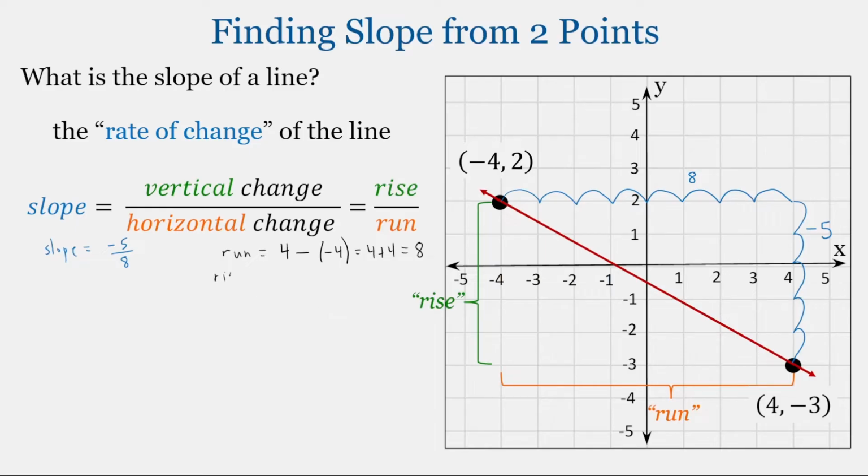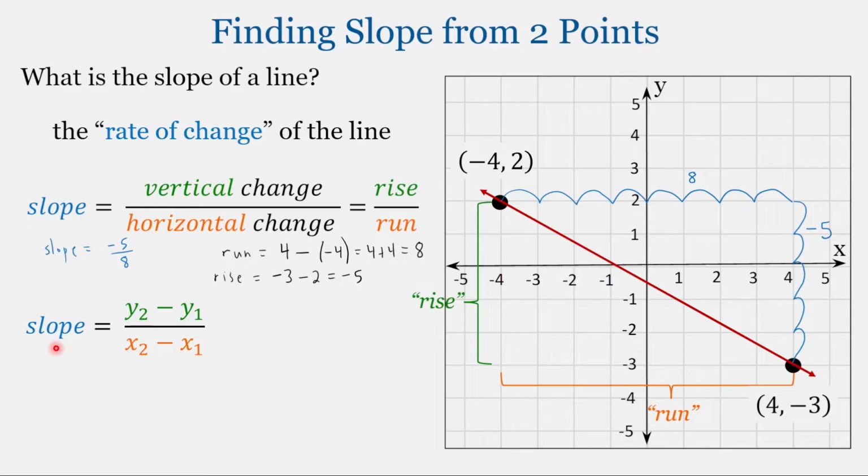And then with our rise value, we're going to find the difference between the two y values. Our two y values are -3 and 2. So we have -3 minus 2, which is -5, giving us the same values for rise and run we had previously, and so therefore the same value for the slope.